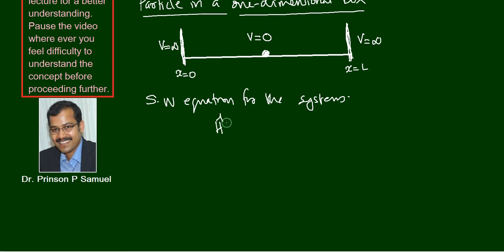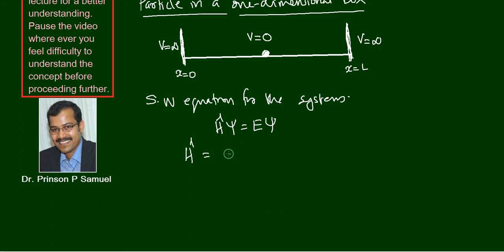You already know this, where H cap is the Hamiltonian. For every system there will be some particular Hamiltonian, and the Hamiltonian depends upon the state of the system, or the features of the system. So we can constitute the Hamiltonian for this particular system.